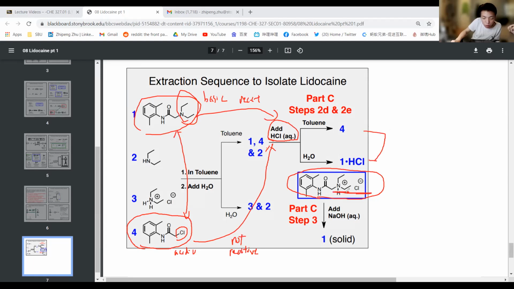And to remove the chloride, we add sodium hydroxide, which deprotonates the hydrogen and forms a salt and water.